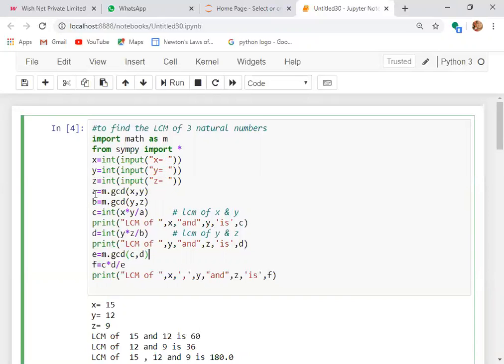So x will be the first number, y will be the second, and z the third. Now we are doing the GCD of x and y. Why? What is the cause for getting the GCD?